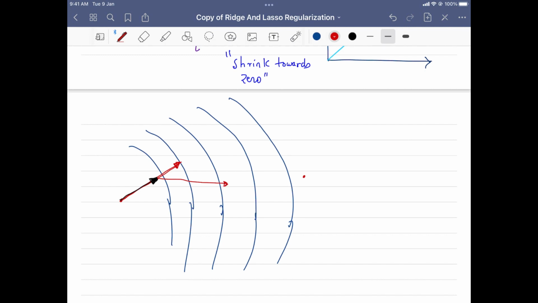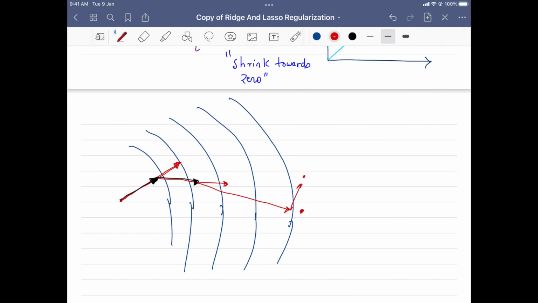It will again shrink this back to a smaller size of theta k, and then again you take a gradient descent step in this direction. This way the algorithm will go and find the minimum value, whatever that minimum value is.